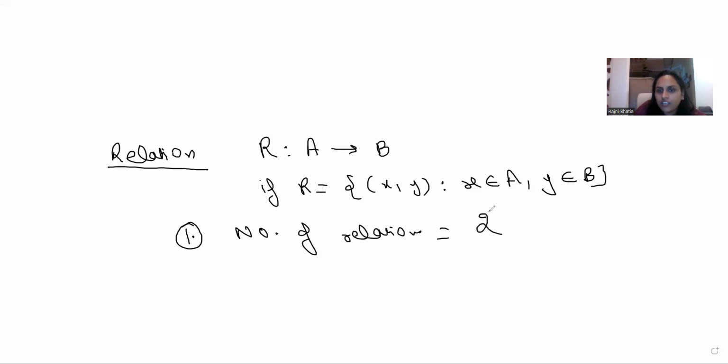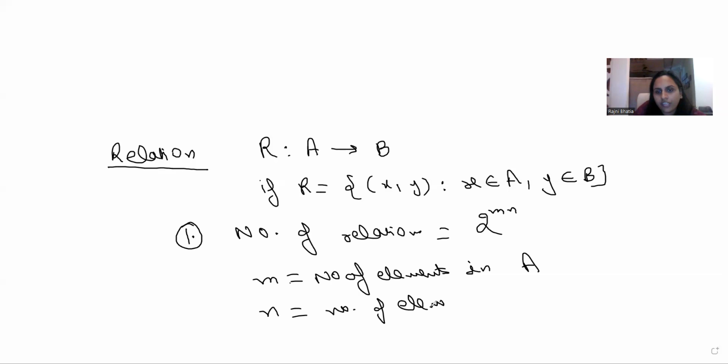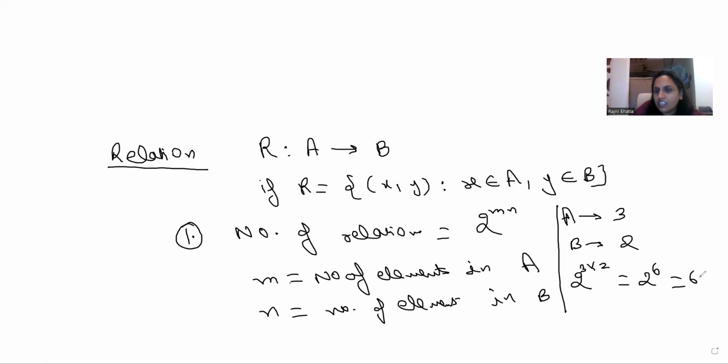The number of relations is given by the formula 2 raised to the power mn, where m is the number of elements in the set A, and n is the number of elements in the set B. Suppose set A has 3 elements and set B has 2 elements, then 2 raised to the power 3 into 2, m into n, is 2 raised to the power 6, that is 64 relations are possible from A to B. We can have 64 relations from A to B.